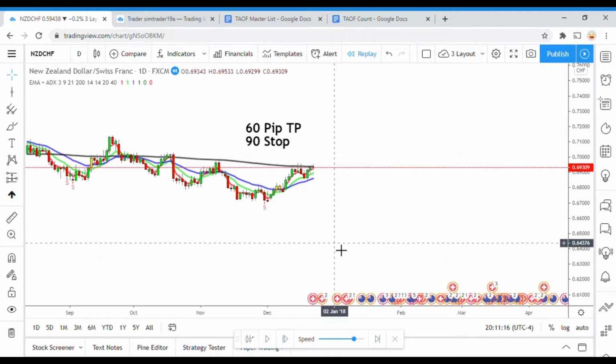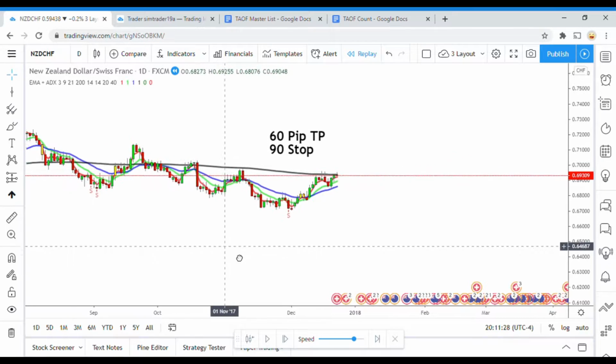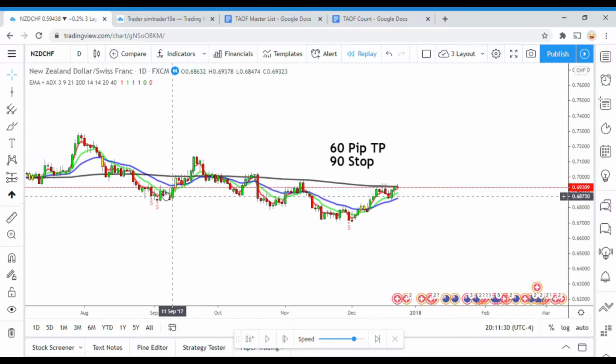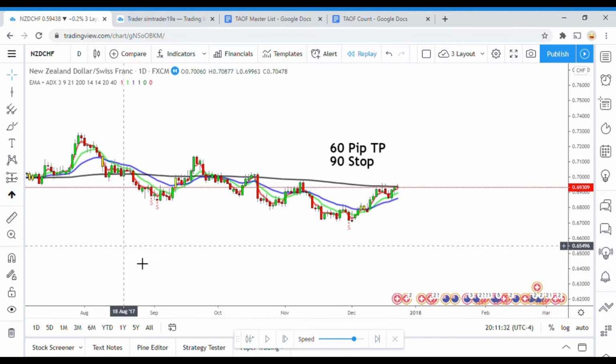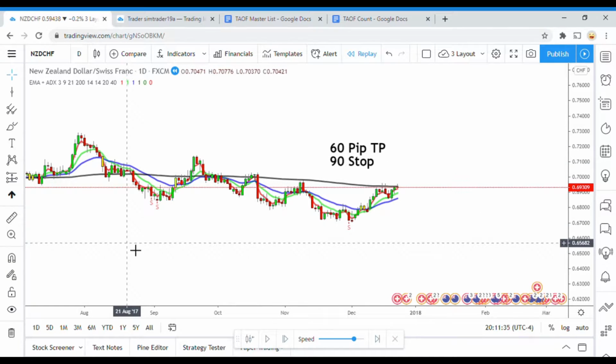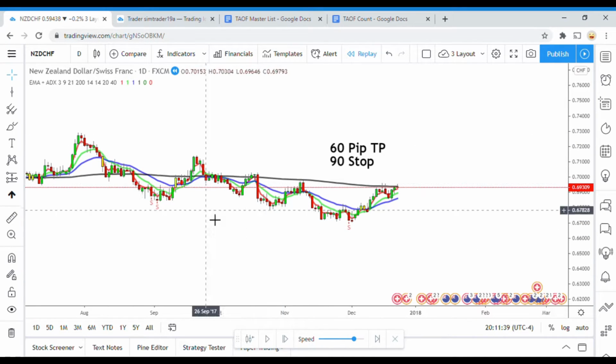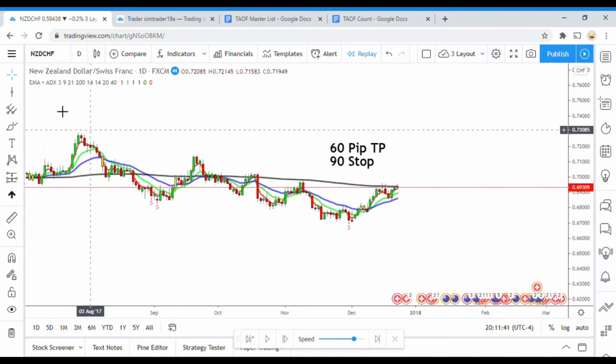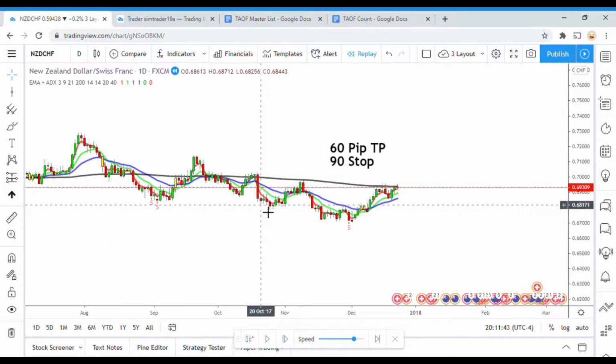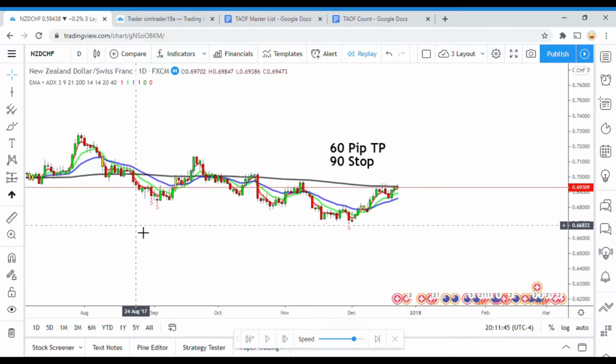Alright, today's indicator is the EMA plus ADX. It is a TradingView member created indicator, and the creator has made it super simple on us. It has these different colored lines here, and each line is a little bit different, an ADX, one's an EMA, and so on.